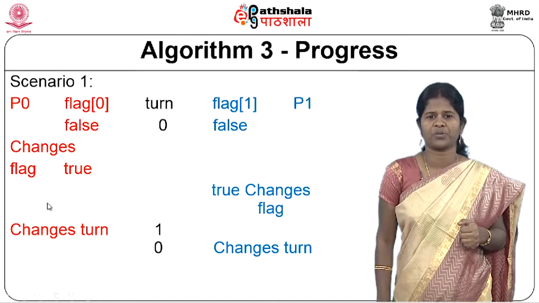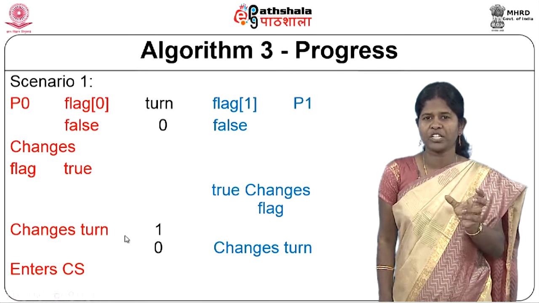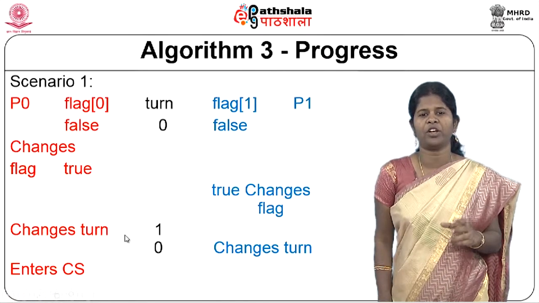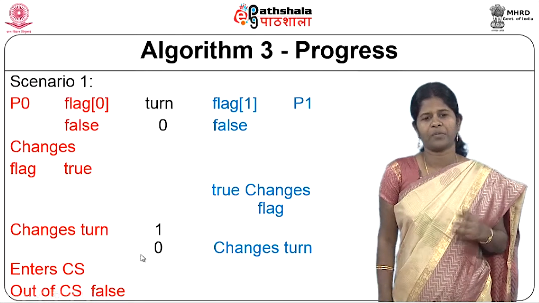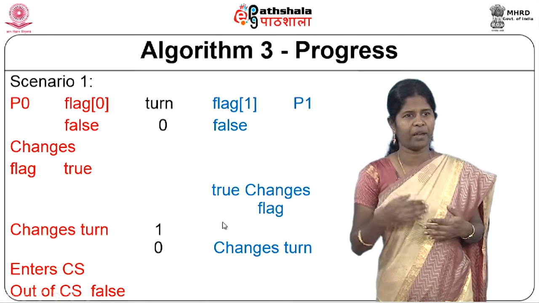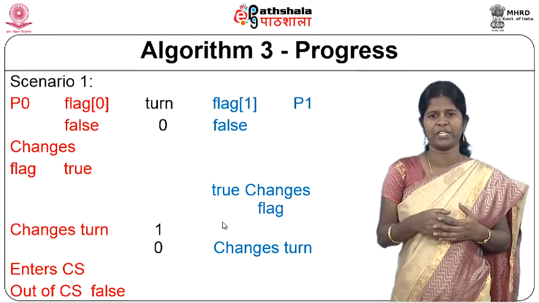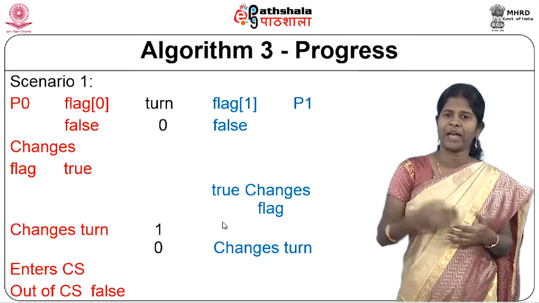So, the condition fails for P0 and the while condition is false for P0 and P0 enters critical section. And then it comes out of critical section, makes flag[0] equal to false and then P1 can continue. So, you can now see the difference between this algorithm and the earlier algorithm that we saw.